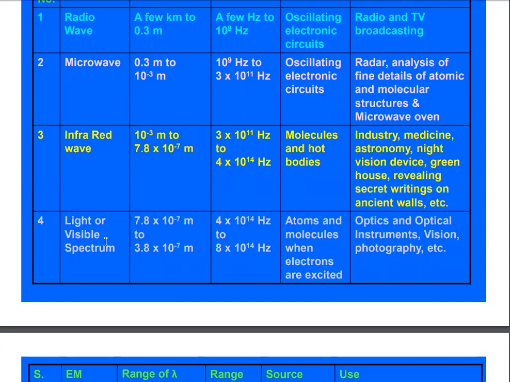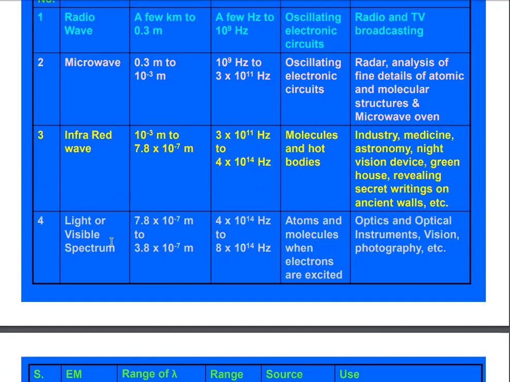And its frequency will be 4 into 10 to the power 14 hertz to 8 into 10 to the power 14 hertz. And basic source of this light wave is atoms and molecules when electrons are excited.